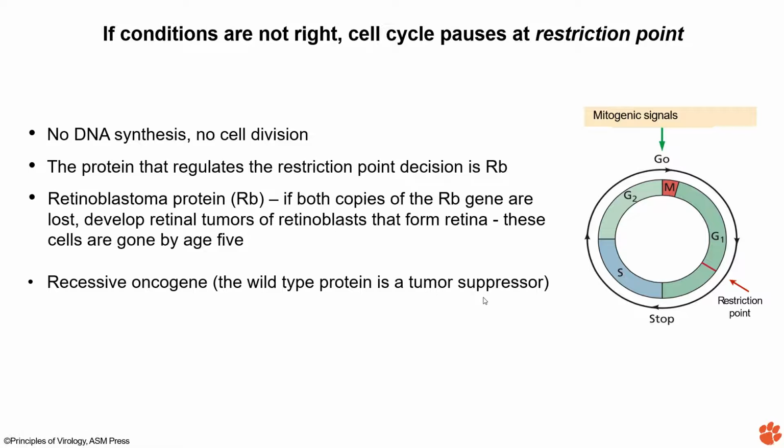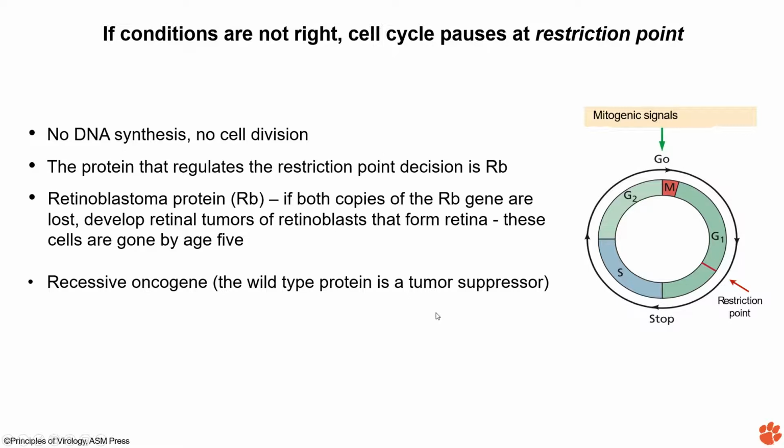So far, when we talked about the retroviruses, they were turning a proto-oncogene into an oncogene. That means that if you have that protein, normally it's not expressed. Expressed, it causes cancer. A tumor suppressor gene is produced all the time, which controls the restriction point.